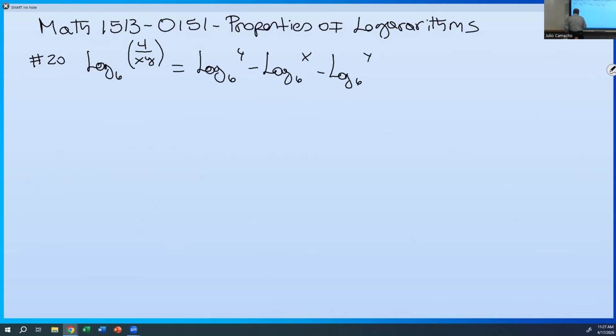And that is as far as we can go with this equation. There's nothing else I can do there to simplify that. So what we did is we applied the quotient rule.